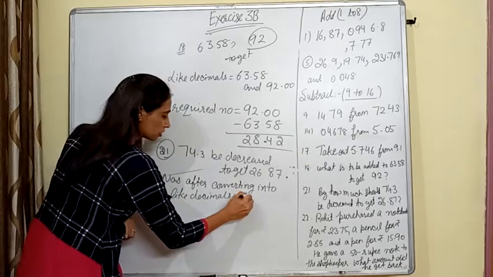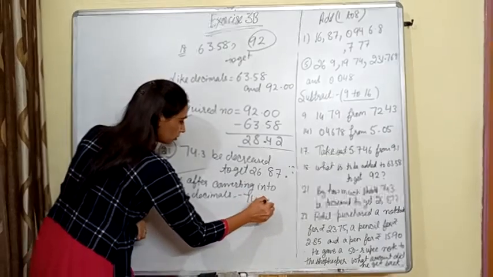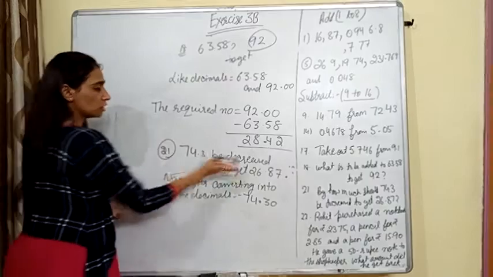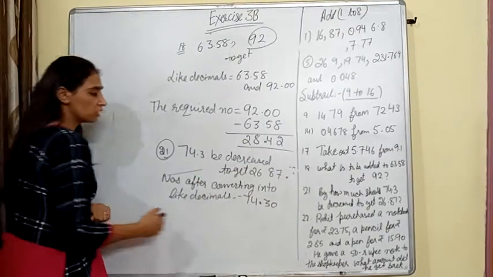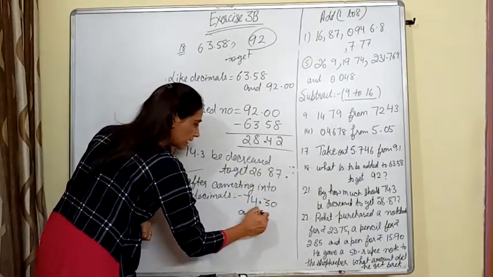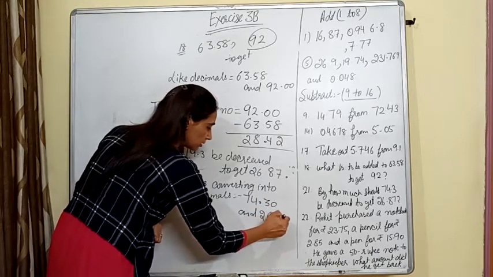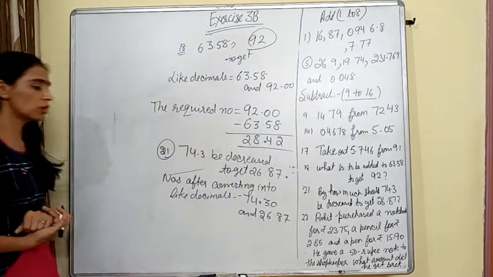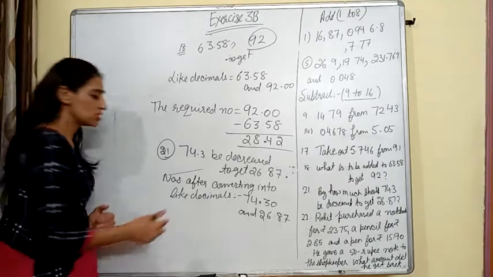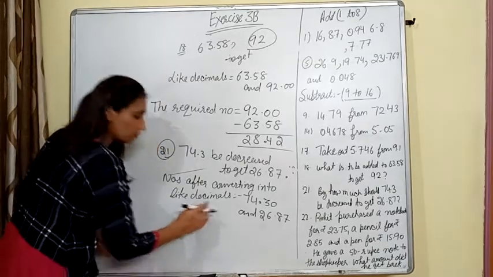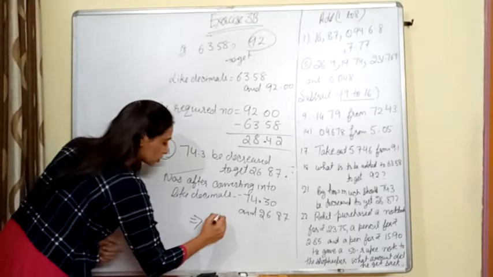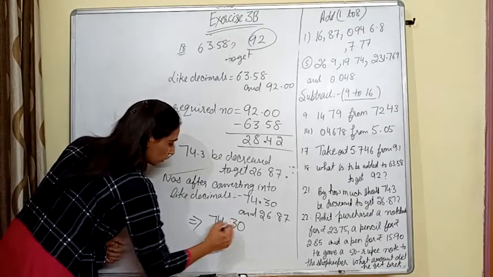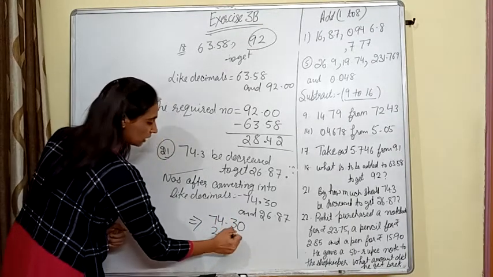This is 74.30, because here is 2 digits after the decimal, and you will put 26.87. Now you will do simple subtraction, means you will subtract the smaller number from the greater one. 74.30, here will be 26.87.